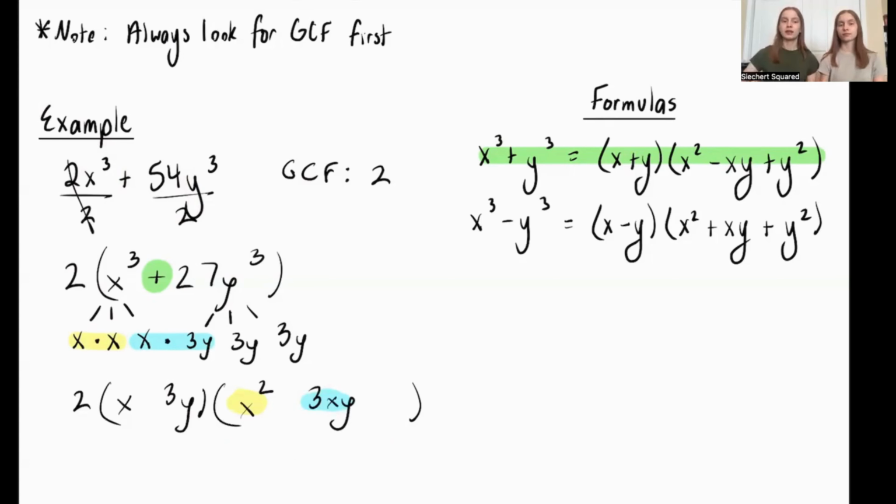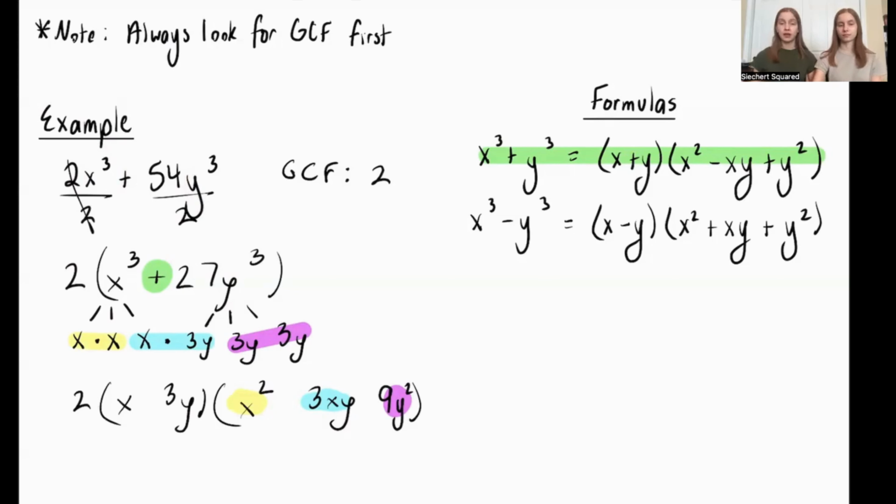And we do like to write it in alphabetical order to have the x first. If you wrote the y first, if you did 3, then y, then x, you're not wrong. It's just not the typical way that we write it. And then for the very last one, 3y times 3y, 3 times 3 is 9, and then y times y is going to get you y squared. So we have all of our terms in there.